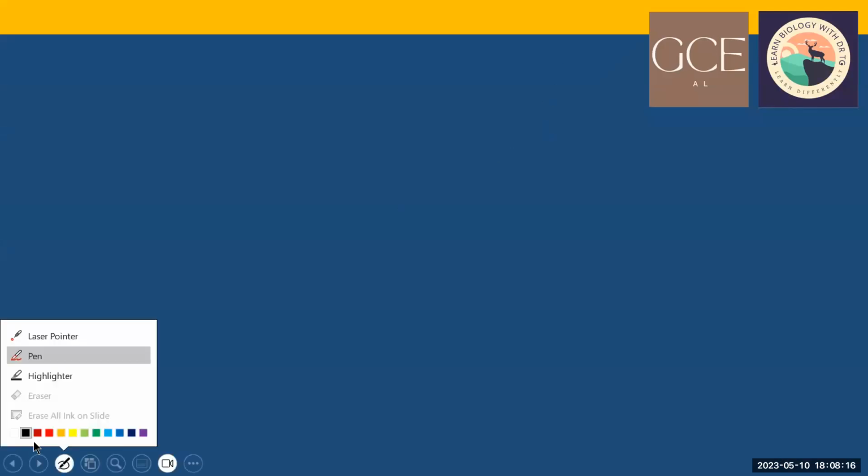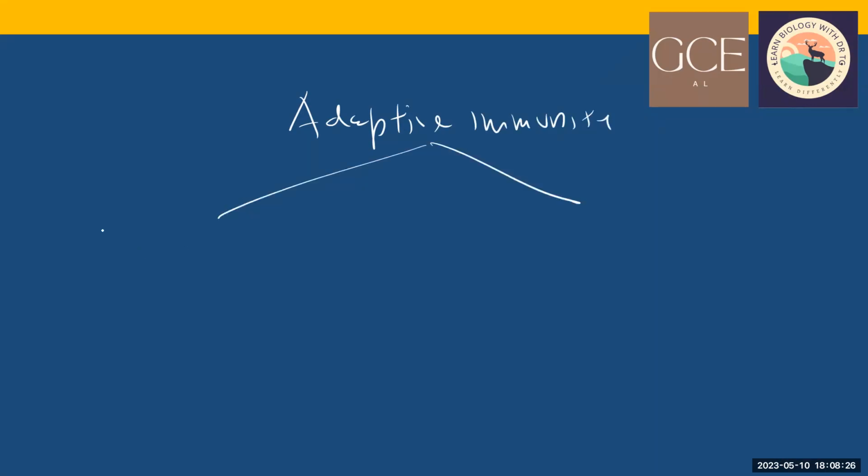Okay, now where we are in the adaptive immune system, I can show you like this. Adaptive immunity can be divided into two. One is cellular, the other one is humoral.